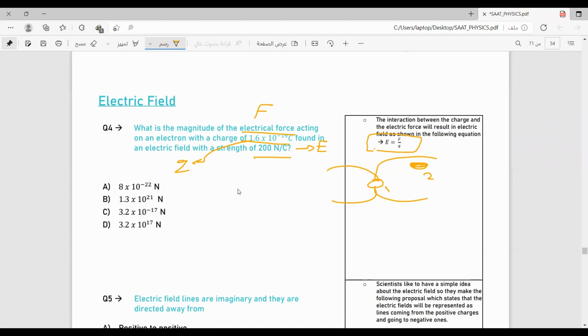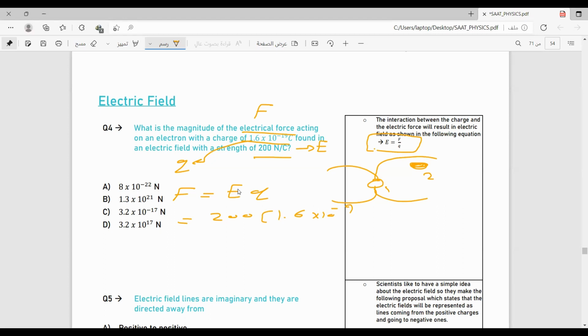So how do we get it? Directly, this is the force. I can rearrange the equation and say F equals E times Q. How much is the E? It is 200. Okay, 200 times the Q. The Q is 1.6 times 10 to the power negative 19.